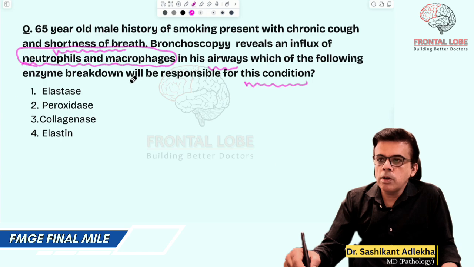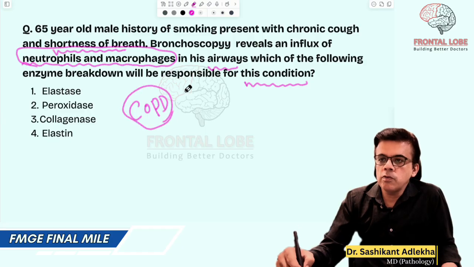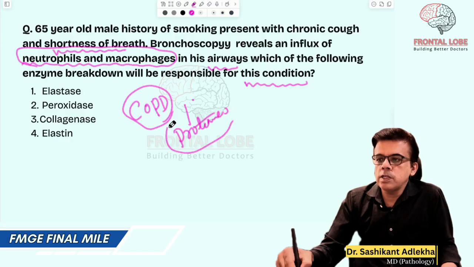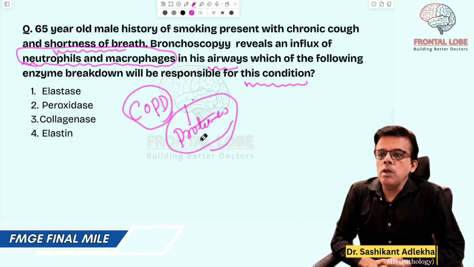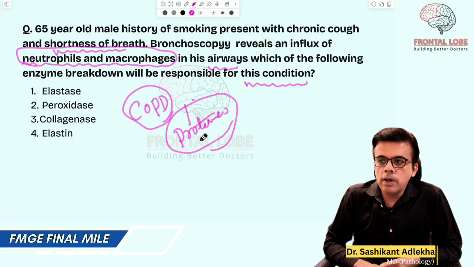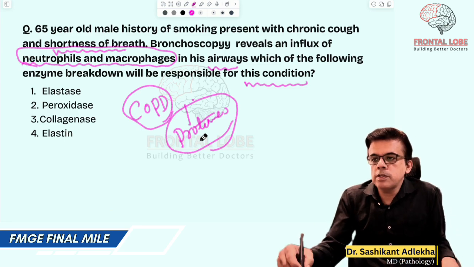In chronic bronchitis and other conditions, COPDs basically, there is large influx or large accumulation of neutrophils and macrophages in the airways. And what do these neutrophils and macrophages have? They have a large amount of proteases. Proteases cause destruction of many of the fibers; they can destroy the collagen, elastin, and many other substances as well.